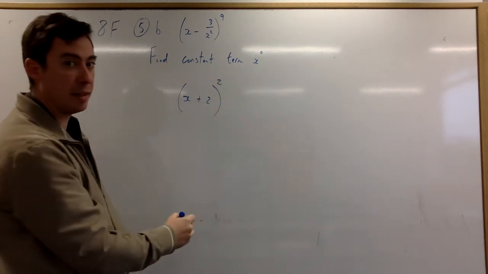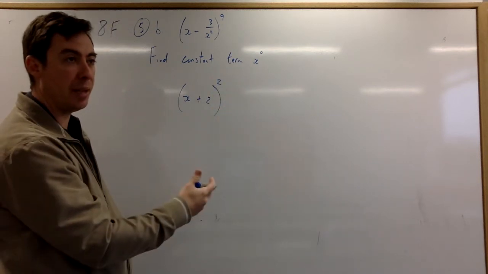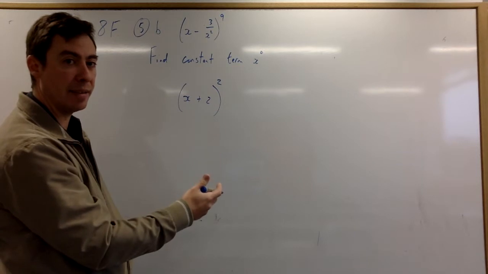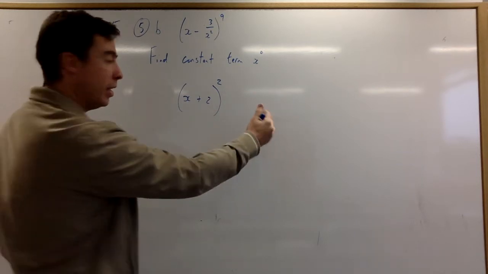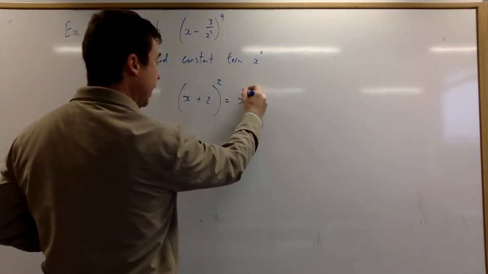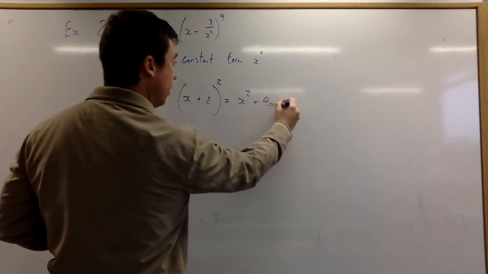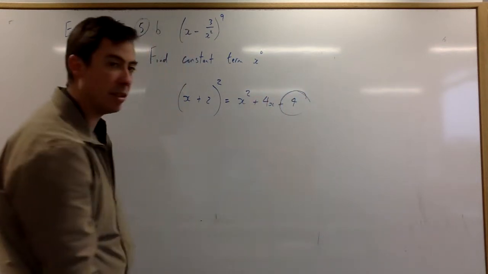Let's keep it easy. (x plus 2) squared. Where does our constant term come in there? It's the last term. So you get x squared plus 4x plus 4. There's the constant term.